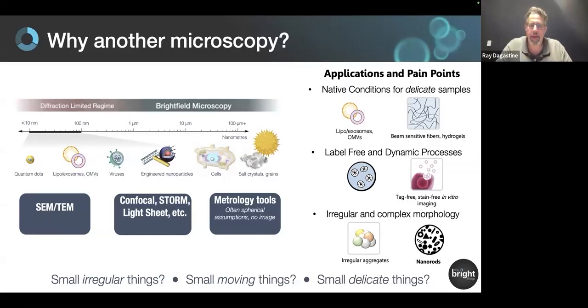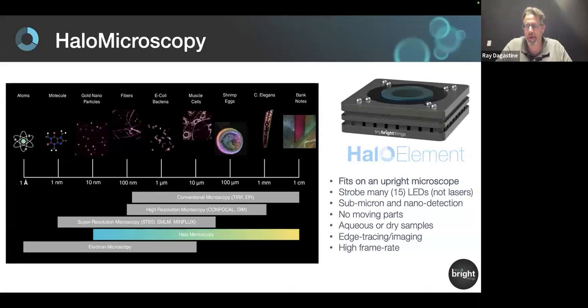And so that brings us to the HaloElement, which is an attachment that sits on an upright microscope. I've got a similar kind of capability slide, but now I've got where the HaloMicroscope can operate, and those are all HaloImages there. While we invented some of this technology on a half-ton optical table, we've miniaturized it to something that'll sit on an upright microscope.